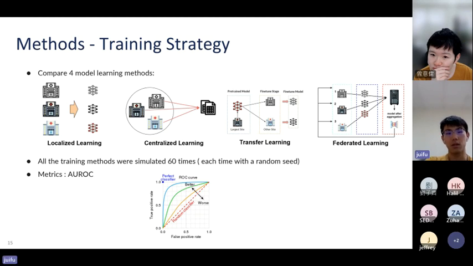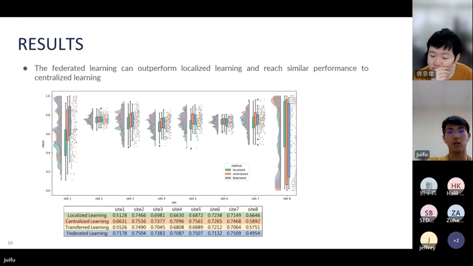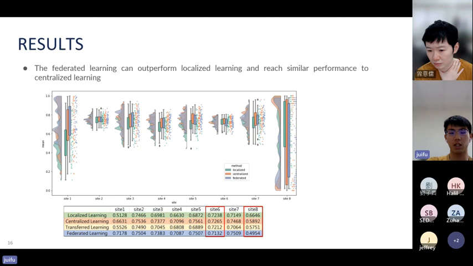And next, we can take a look at our experiment results. In most hospitals, federated learning can outperform localized learning and reach similar performance to centralized learning. But in hospitals 6 and 8, we can find that after they join the federated learning, the performance becomes worse compared to localized learning.